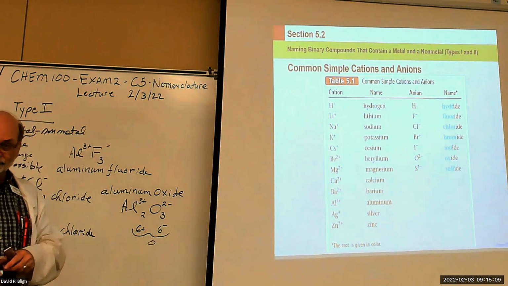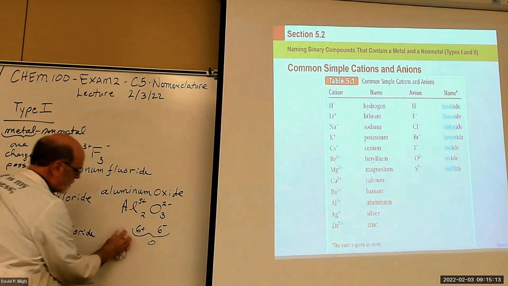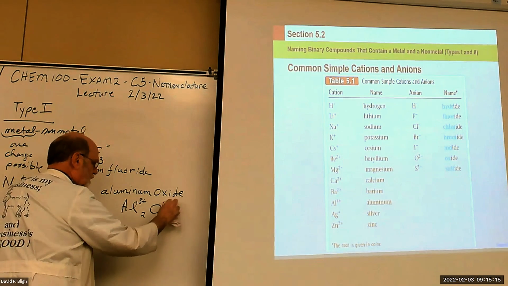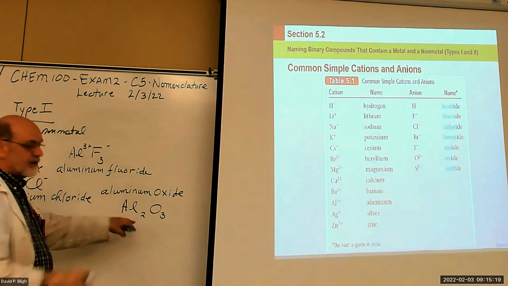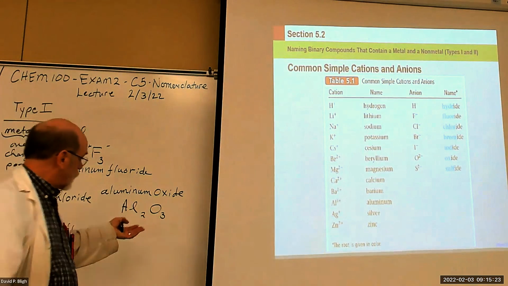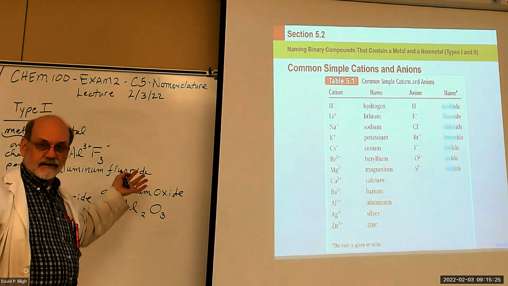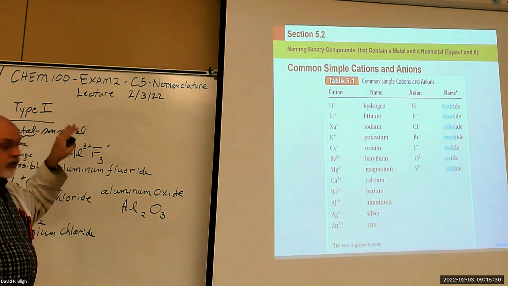It balances. Okay? So that's how we would write that. That would be aluminum oxide. Notice we don't have to say what the charge is on anything. The charges are fixed. That's type 1.